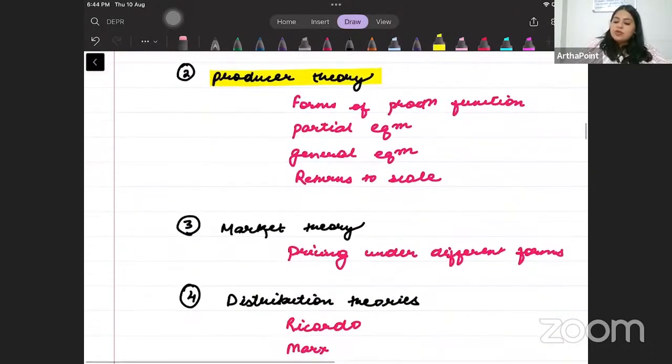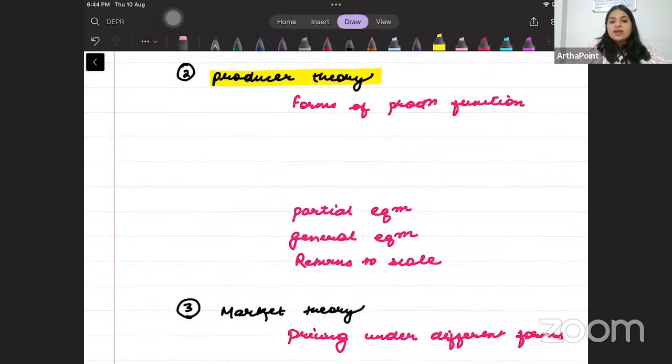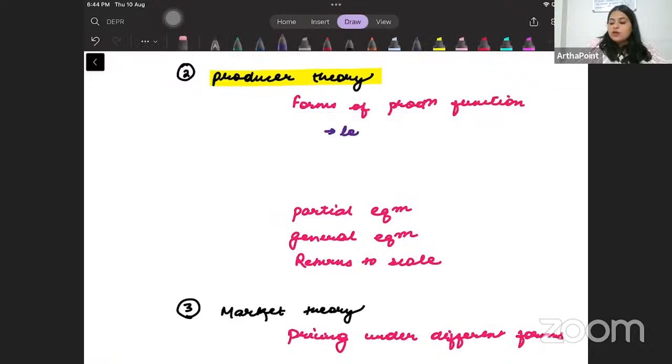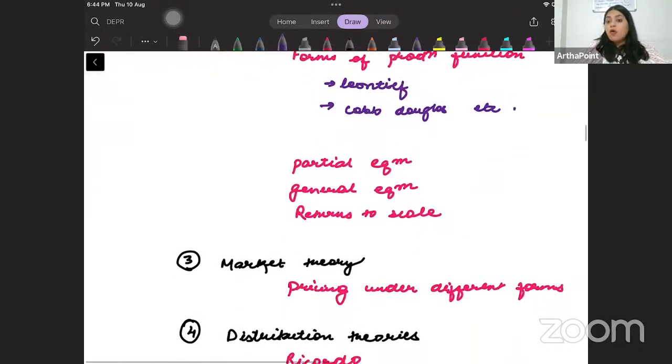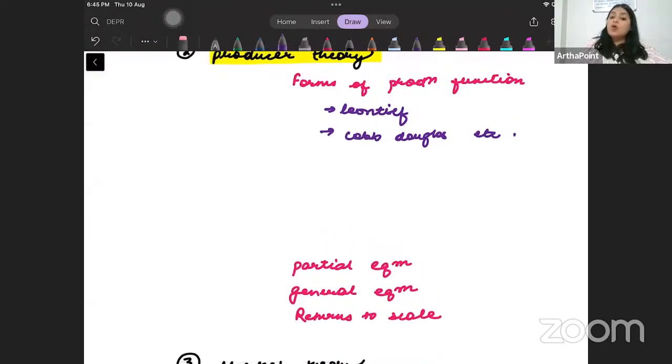Okay. So in producer theory, you should be aware about the different forms of production function. So again, we know that there are multiple forms of production functions. So what are the different forms of production function that you have? Again, beta, we can have Leontief, we can have Cobb-Douglas, right? We can have substitutes, etc. So you should be aware about all the forms of production function. अब यहाँ ऐसे specifically लिखा नहीं है, but when we talk about production function, production theory as a whole पता होनी चाहिए.